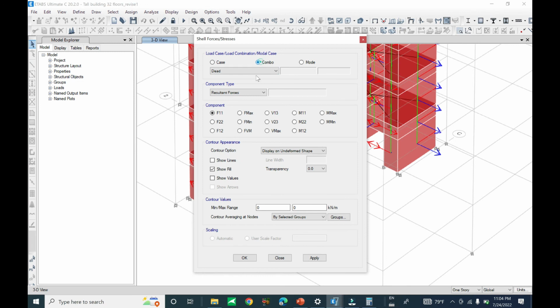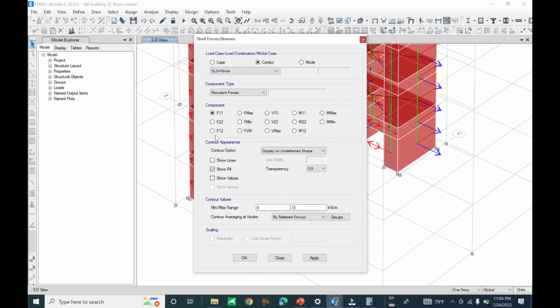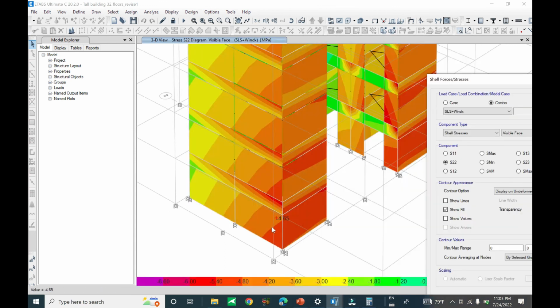Let's click on display stress and click on combo. We do not check the ultimate combination, we check the service one. Click on service and bin it. We do not check the result force, we check the stresses. Let's check S22, apply. Now you can hover over the shell panel.